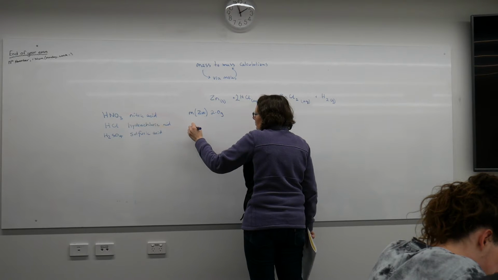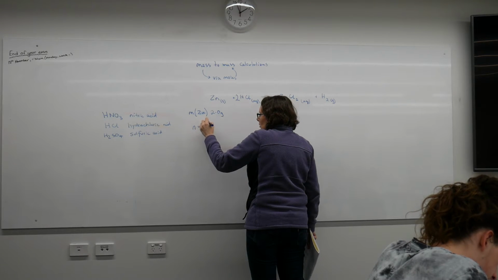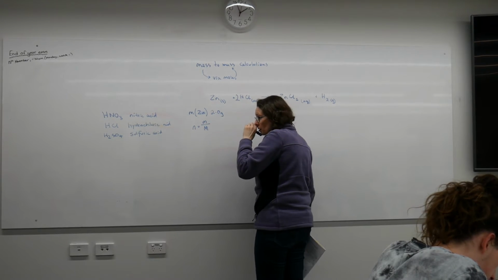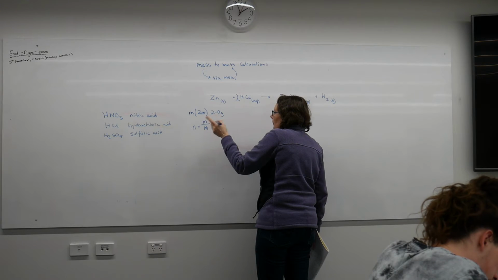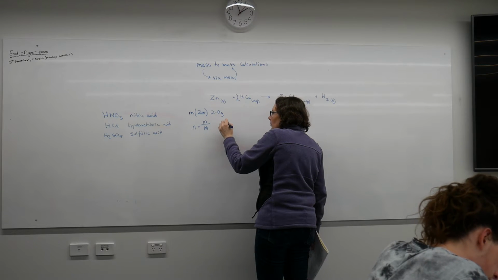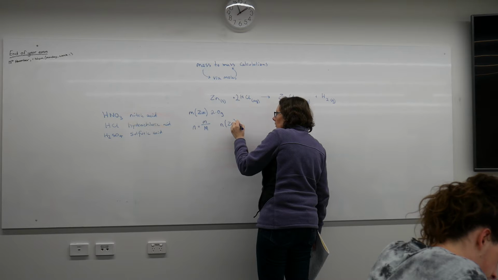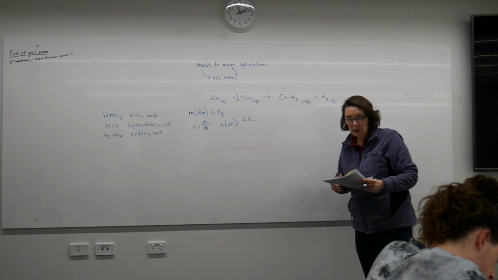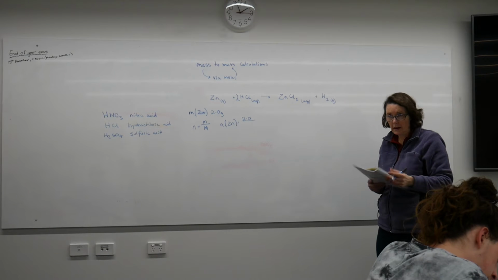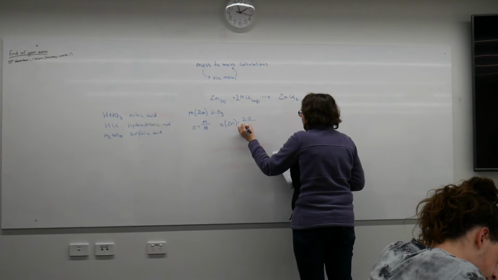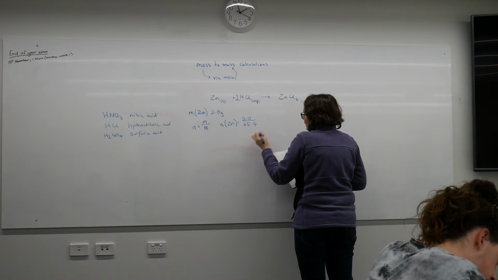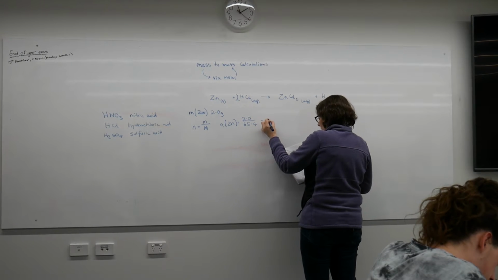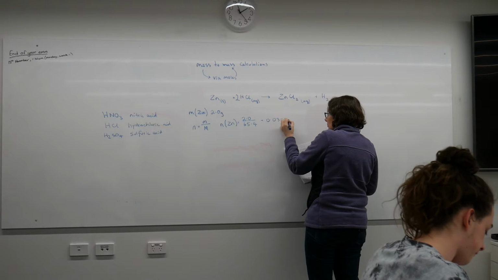So in this case, we know that n is equal to the sample mass divided by the molar mass of our solid. So the moles of zinc equal 2 grams divided by the atomic mass of zinc, because it's an element, which gives us 0.0306 moles.